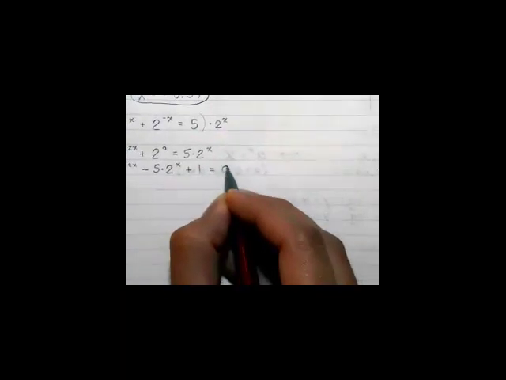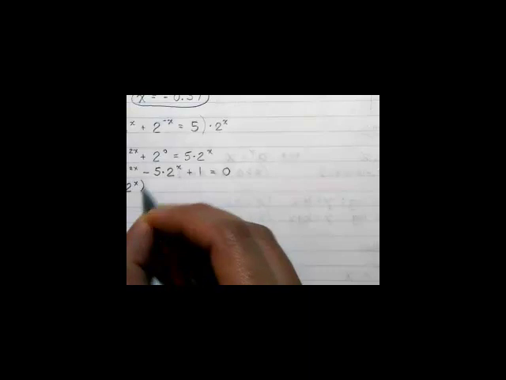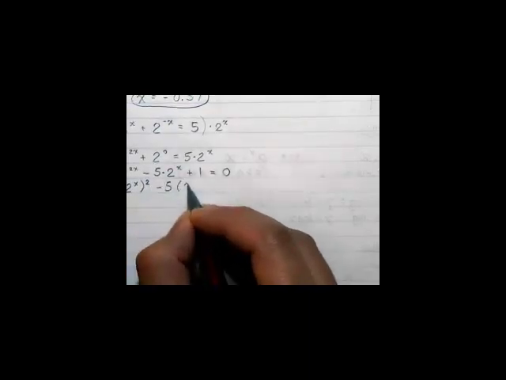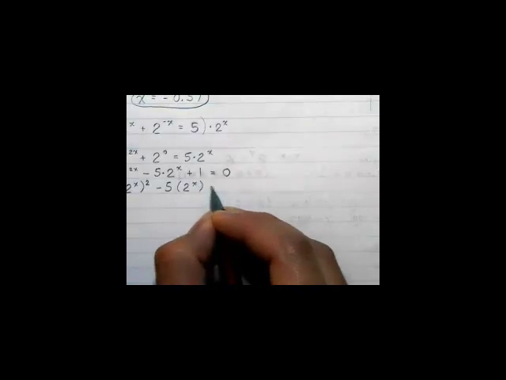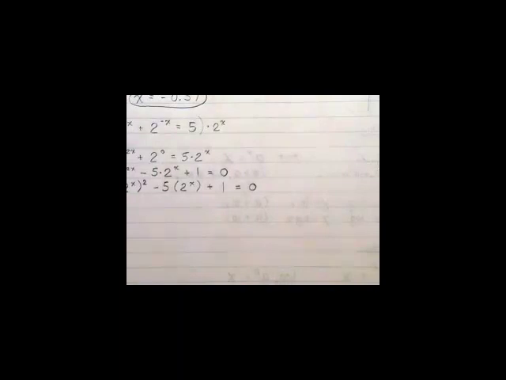Everybody with me so far here? What I just did there? Just pushed everything to one side, turned that 2 to the 0 into a 1. Okay. Now rewrite it another way here. That'll hopefully clarify what's going on next. Anybody start to see now why I need to use the quadratic formula?